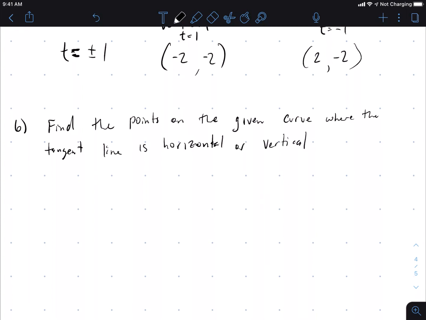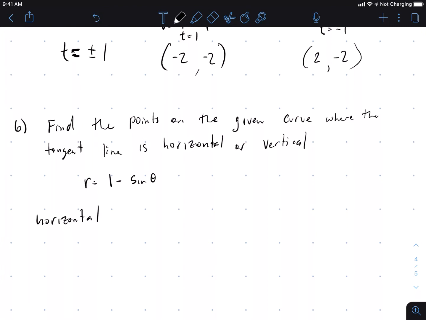And we're assuming we're going to be in a 0 to 2 pi thing, okay? So we're given r is equal to 1 minus sine theta. So let's go get our horizontal first.